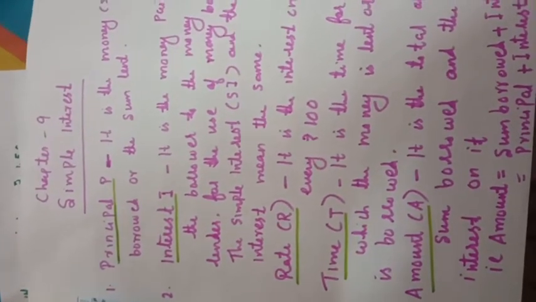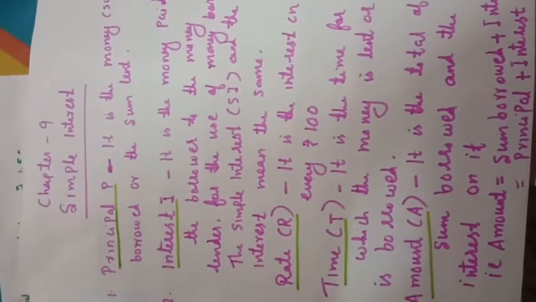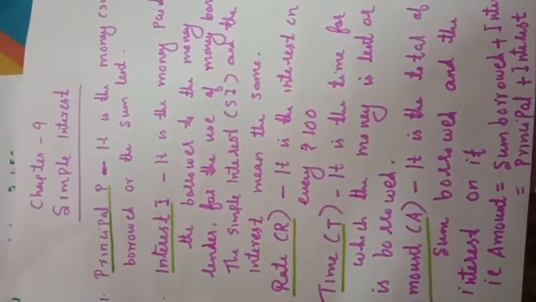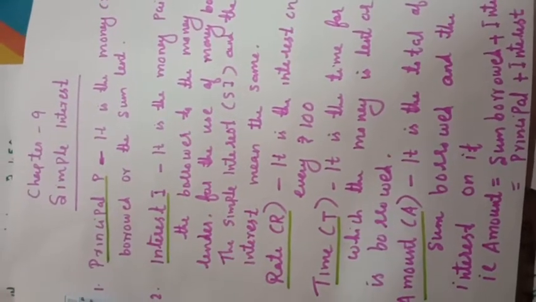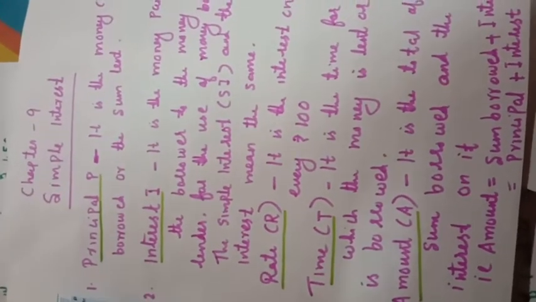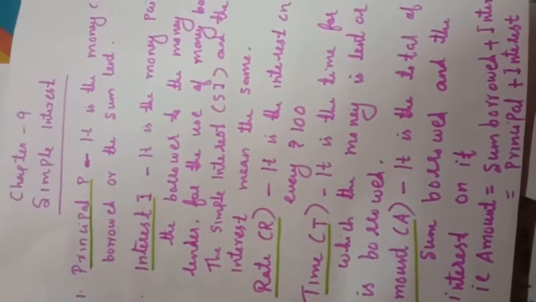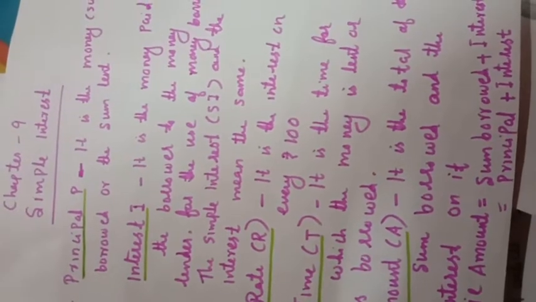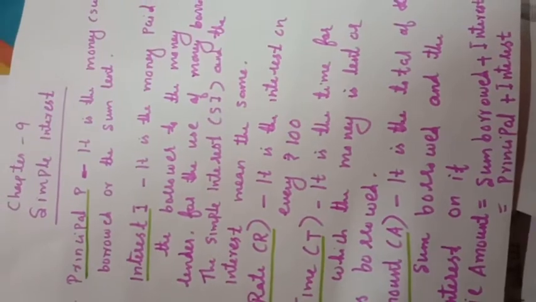We borrow money for our needs, for constructing a house, or buying a new vehicle, etc. For using that money, we want to pay an interest to the bank or the lender.